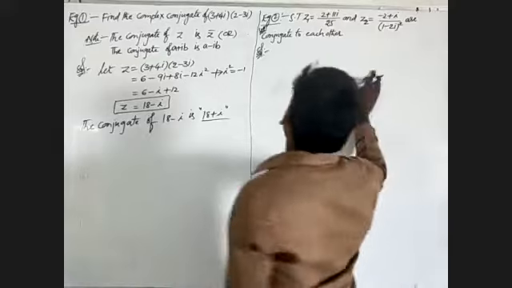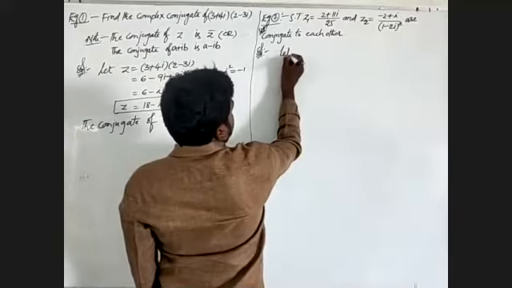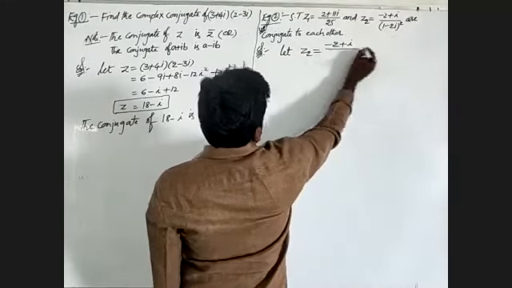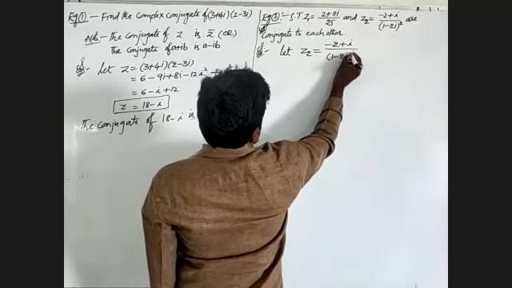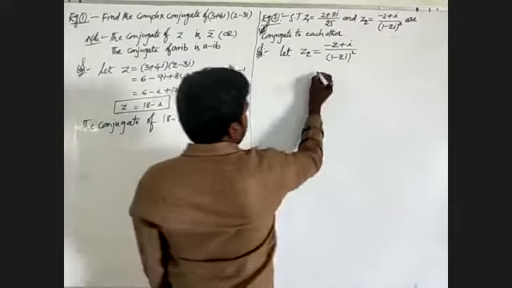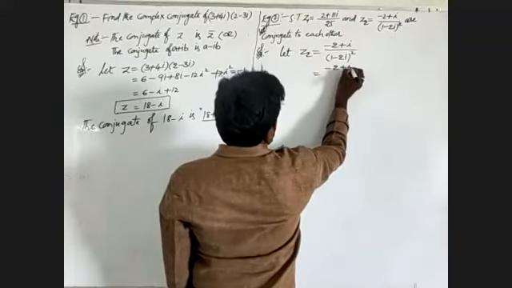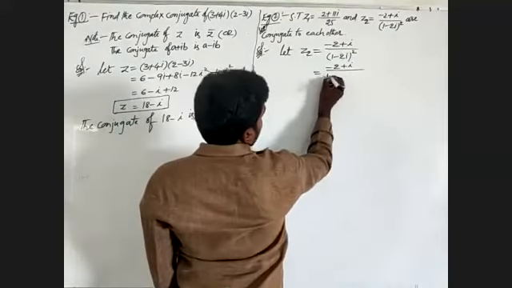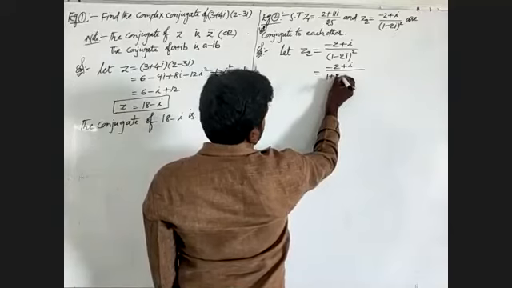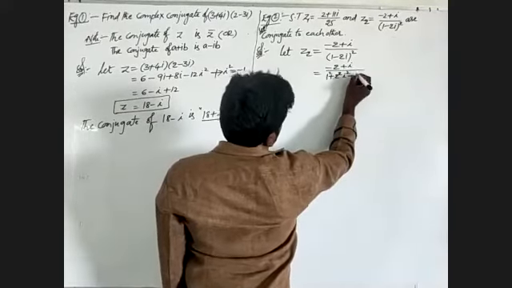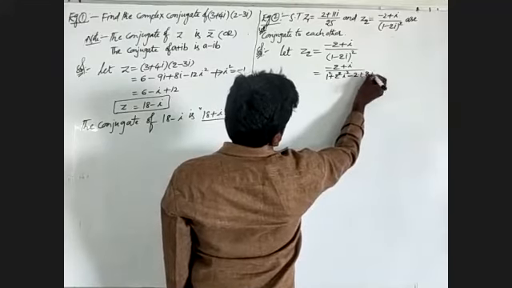Let us take Z2 = (-2 + i)/(1 - 2i)². We have to expand the denominator. It is of the form (a - b)²: 1² is 1, plus 2² i², and then minus 2 × 1 × 2i.